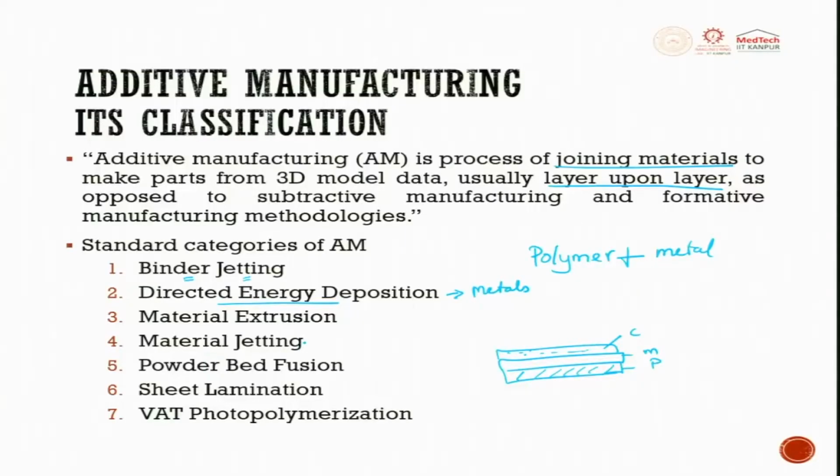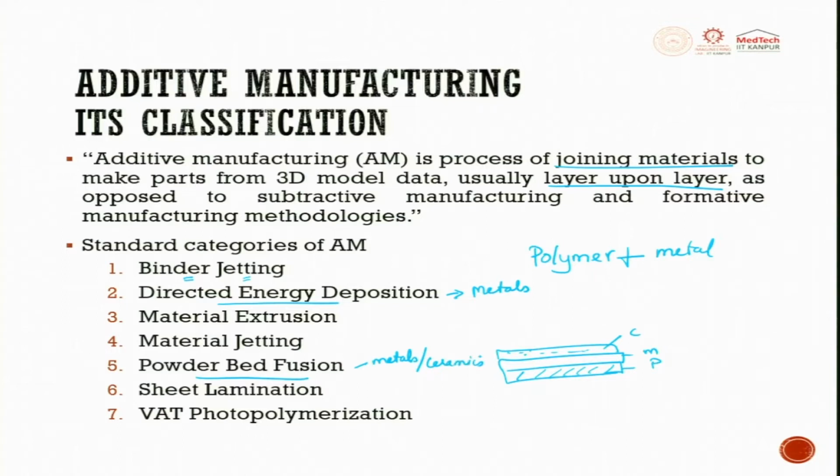The next one is material jetting, which I have already explained under binder jetting. In binder jetting, the binder is only an adhesive or a polymer. Here, the material is the final material you want. You jet that material through a nozzle to get it out. Then we have powder bed fusion. Again, this is commonly used for metals as well as ceramics.